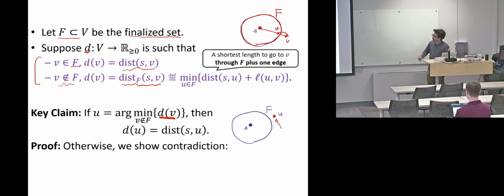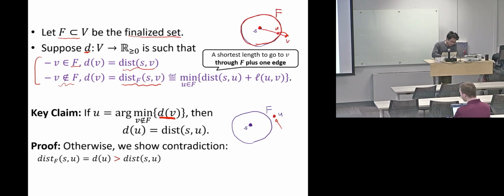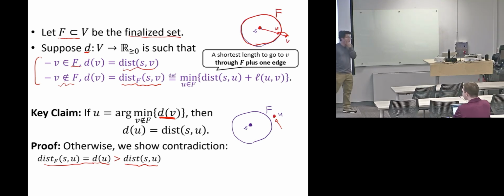So suppose that it's not the case. We're going to show a contradiction. Suppose that this thing is strictly more than the real distance. If this is not equal, then it must be strictly greater than the real distance. Then what does it mean?